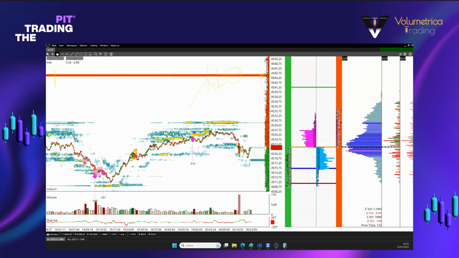We can see here level by level we have an average of 100 and something. This is 721. That's a lot. That's outstanding.